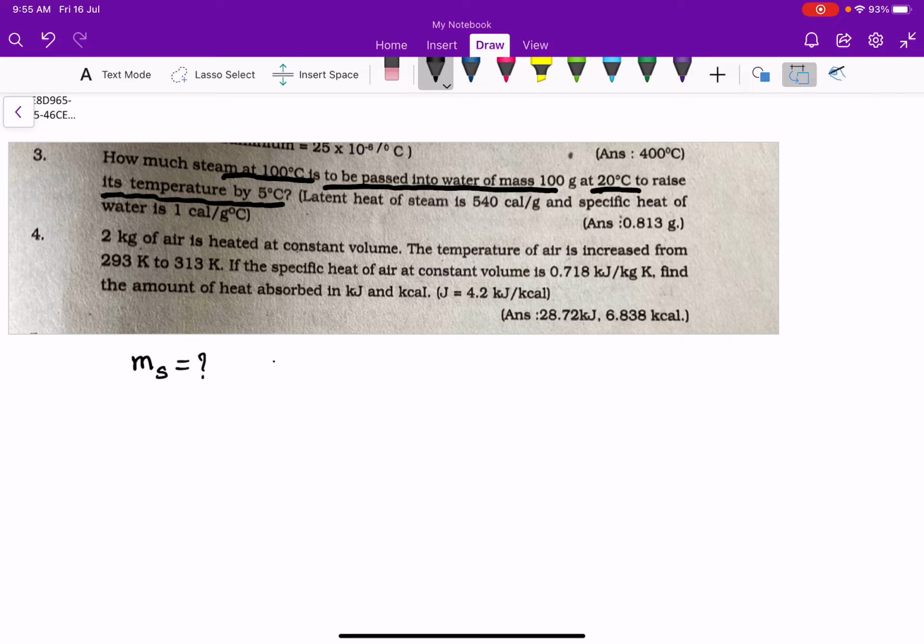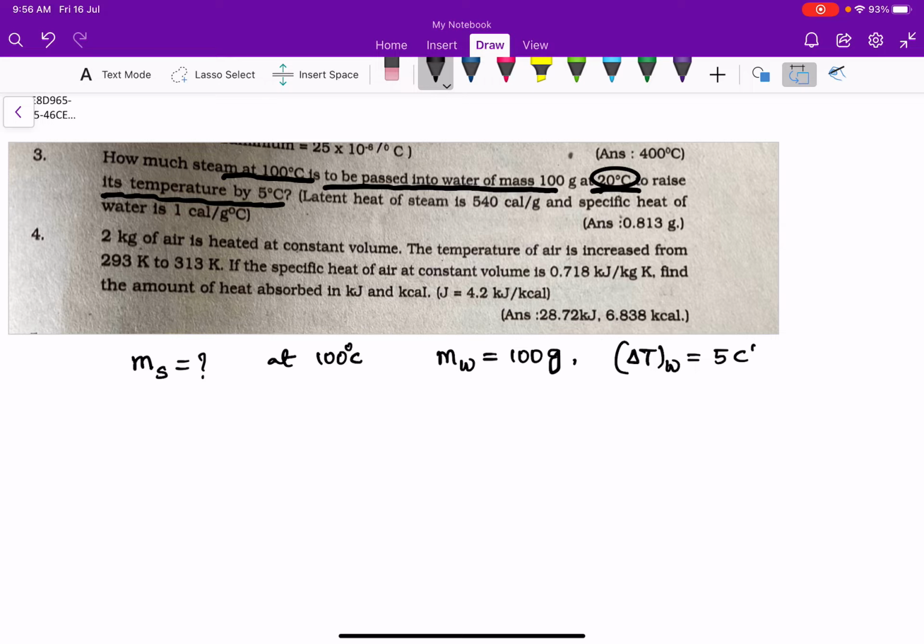The steam is passed into water of mass 100 grams. Initially it was at 20 degrees Celsius, and the temperature is to be raised by 5 degrees. So the change in temperature of the water when the steam is added is 5 Celsius degrees.